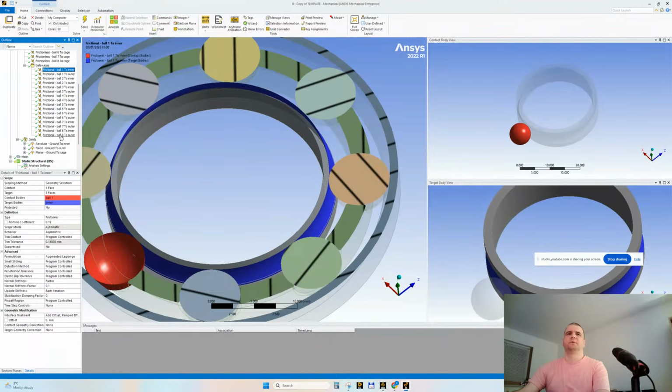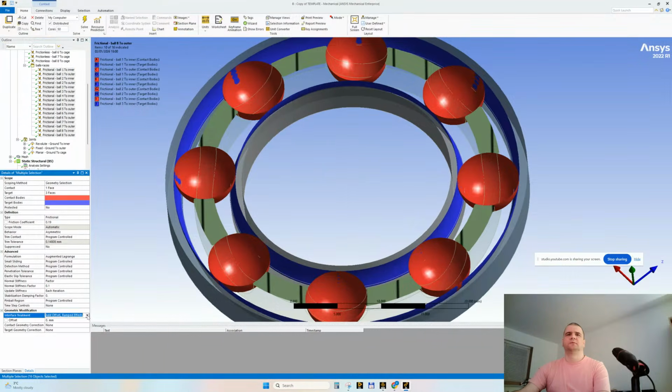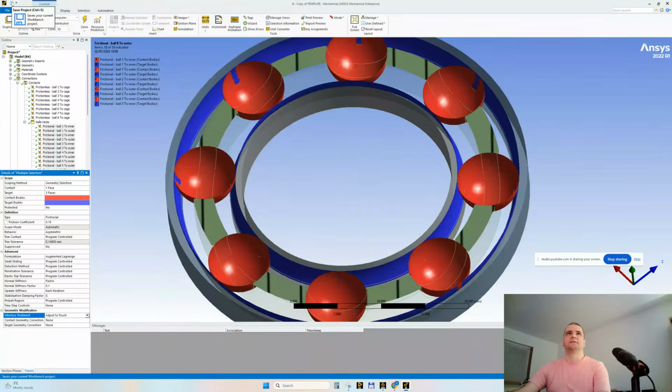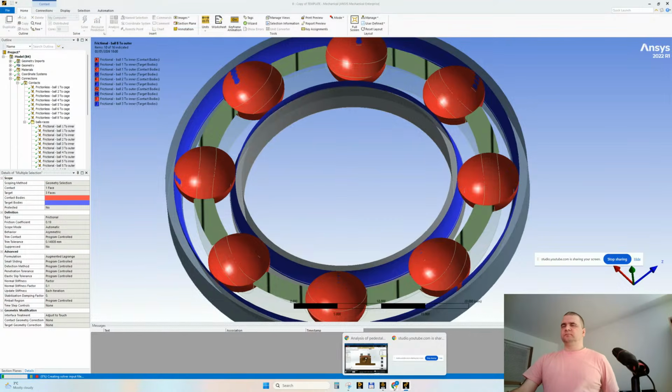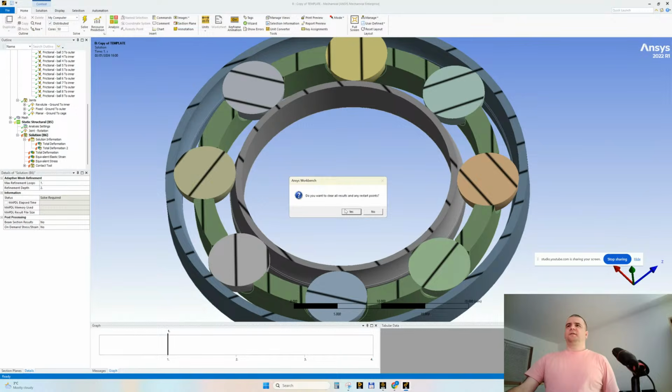In order to keep a shred of common sense. Ladies and gentlemen, do we go for adjust to touch? Do we go? Yes, let's do it. Clear generated data, yes.